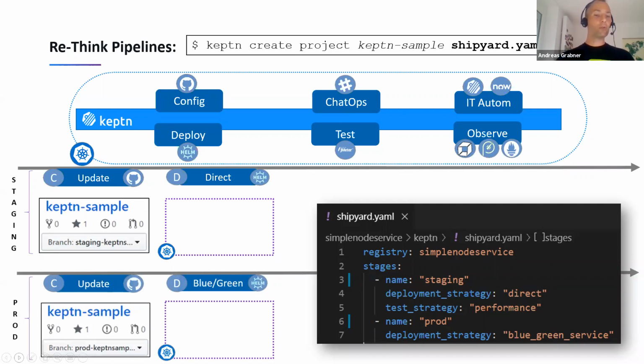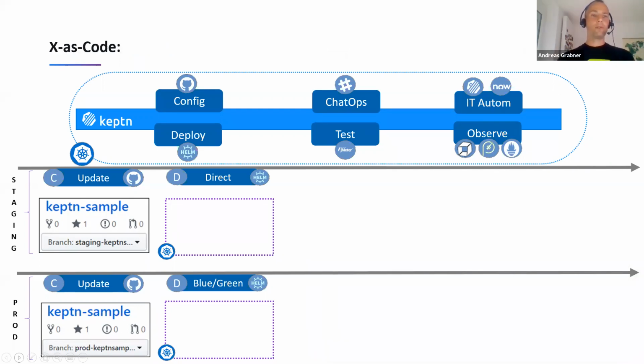Internally it keeps a Git repo, so it creates a branch in the Git repo for staging and prod, where it will later push, store and persist all the stage-specific files, like a Helm chart, your test files, your SLIs and your SLOs. Also, once we start deploying, Keptn will create namespaces for staging and for prod, so that we have a clear separation here.